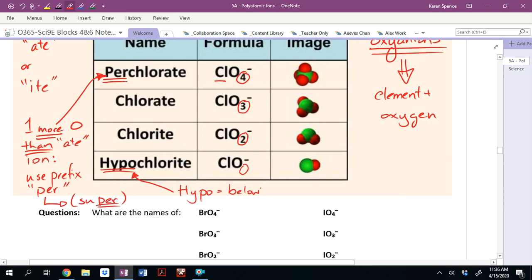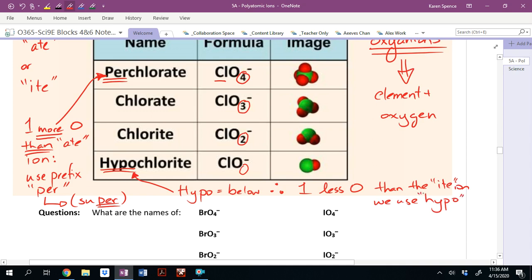So hypodermic means below the skin or under the skin. And so if we use that prefix, if we have one less oxygen than the ite ion, we use hypo.